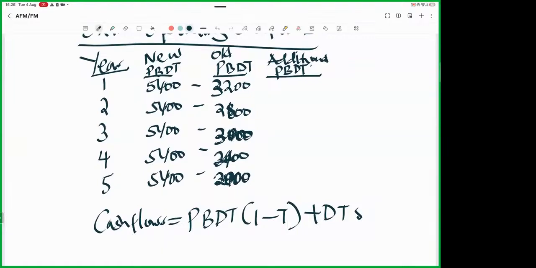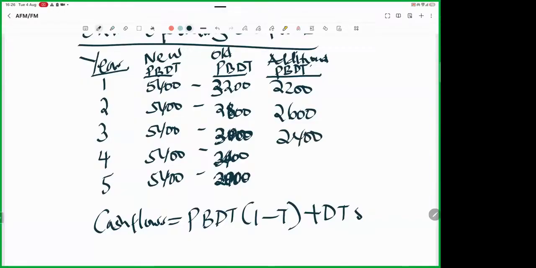So then for the additional, please subtract here. Year number 1, what is the incremental PBDT? 2,200. The second one, what will be the figure here? 2,600. The third one, 2,400.